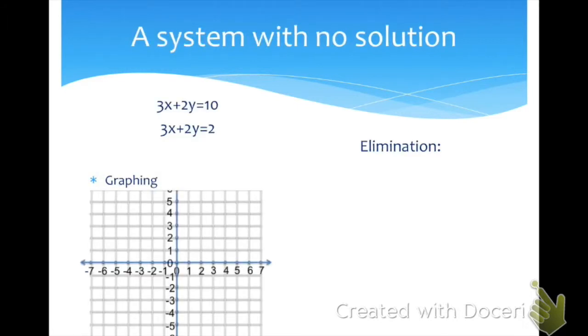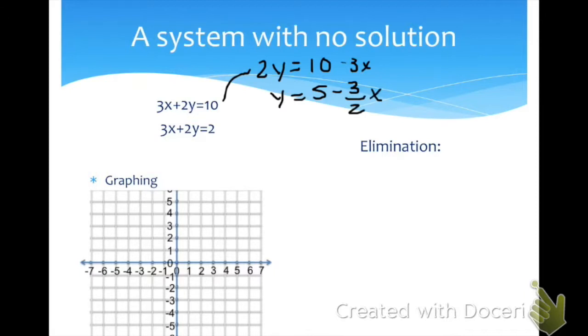If we have this system here, 3x plus 2y equals 10 and 3x plus 2y equals 2, the first thing we're going to do is graph them. So in order to graph these, I need to solve for y. If I'm solving this one for y, I'm going to have 2y equals 10 minus 3x, so y equals 5 minus 3 halves x.